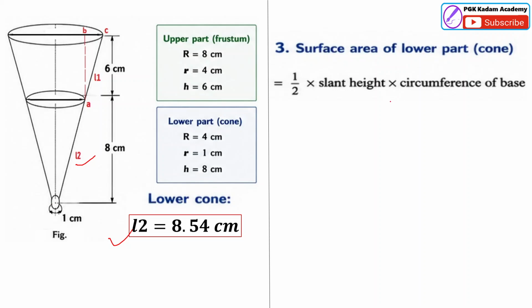You can find it out by using this formula, half into slant height into circumference of the base. So what is the circumference of the base here? It can be calculated as half into L2 into 2 pi r, here pi r L2.